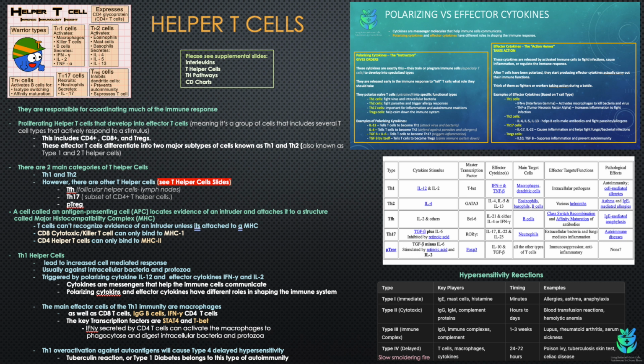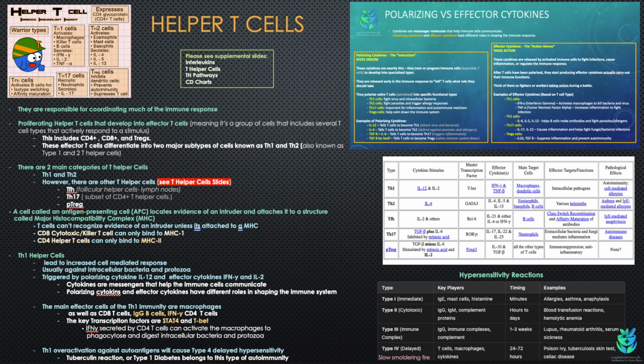Polarizing cytokines and effector cytokines have different roles in shaping the immune system. The main effector cells of the T helper cell class 1 immunity are macrophages, as well as CD8 T cells, which are your killer T cells, your IgG, your B cells, the interferon gamma, and the CD4 T cells, which are your helper T cells.